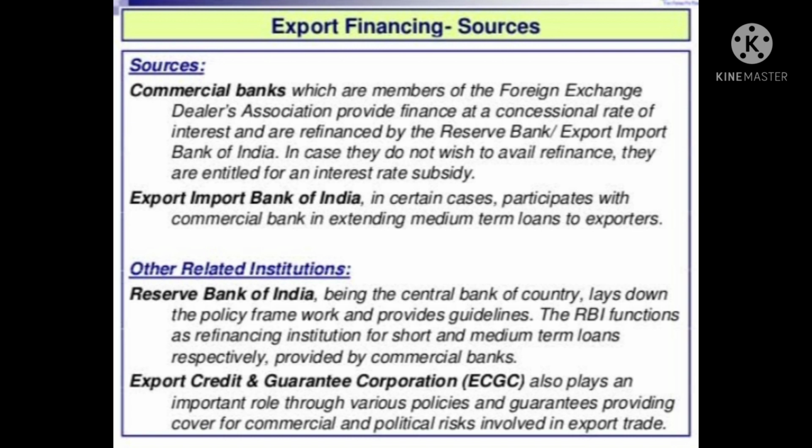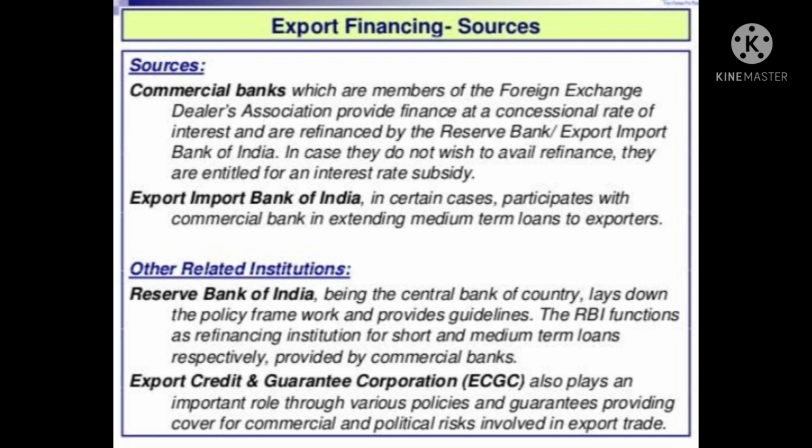See, the commercial banks which are members of the Foreign Exchange Dealers Association provide funds at a concessional rate of interest. So, commercial banks already have a tie-up with the Dealers Association, and they provide the interest at a lesser rate. That is why it is called a concessional rate of interest, and they are refinanced by the Reserve Bank or Export Import Bank of India.